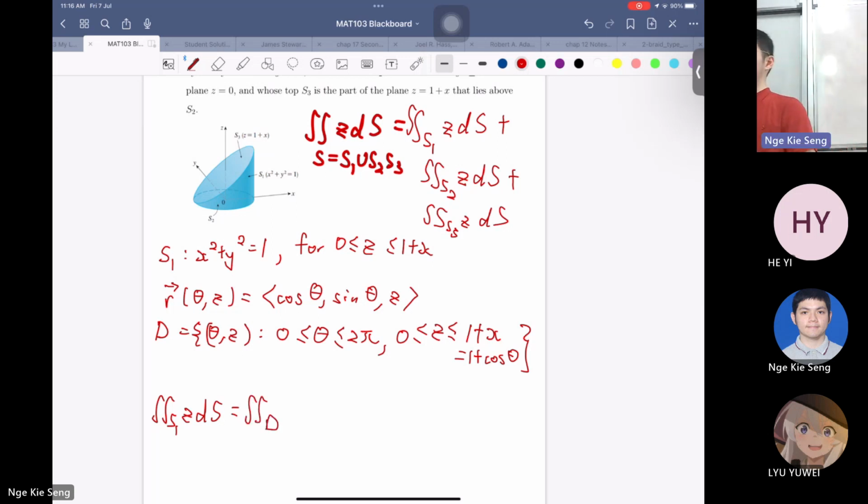I integrate over d. What's my z on my surface here? It is still z, following the parameterization. And then I go to d.